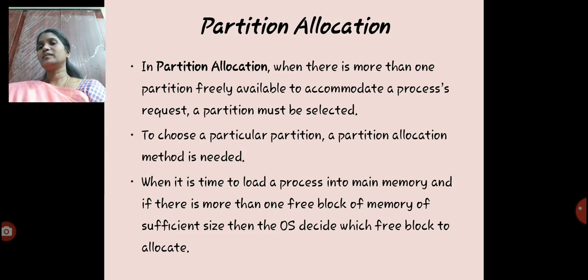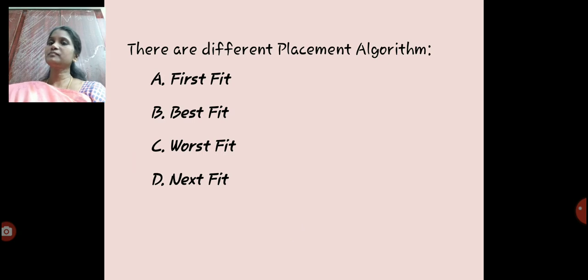That will be done by the operating system. Memory is divided into partitions, and whichever process is requesting, the OS will decide which process the memory will be allocated to and which particular partition can be allocated. So this is the gist of the partition allocation technique.